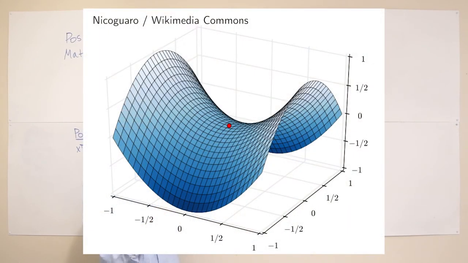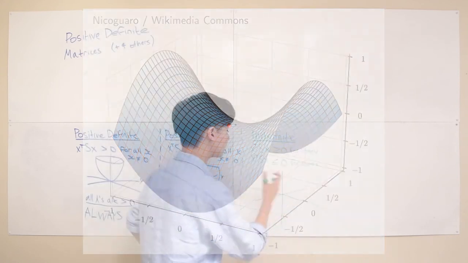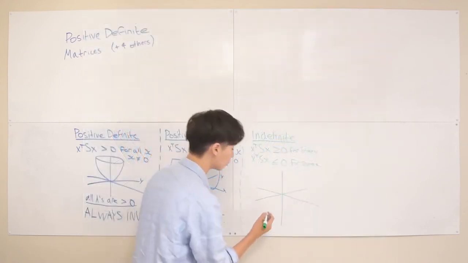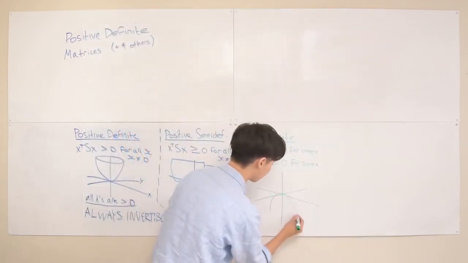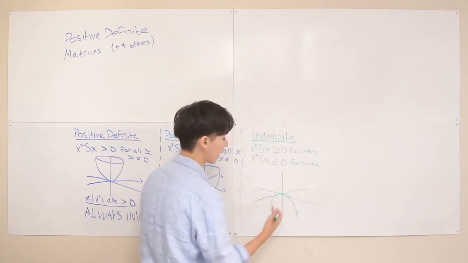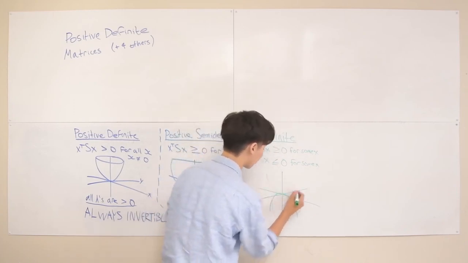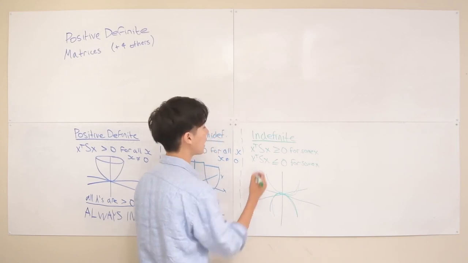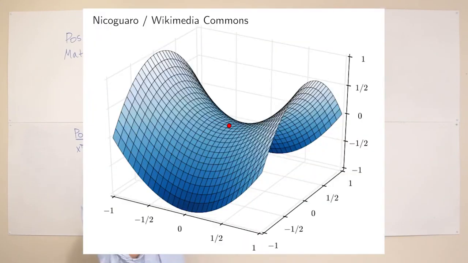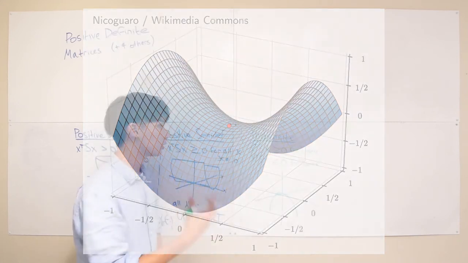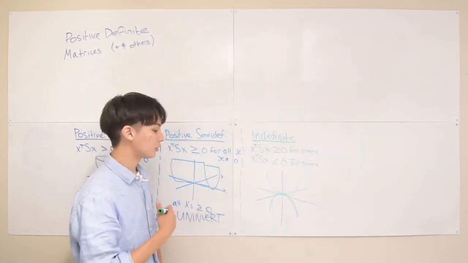That's what a saddle shape looks like. So it's going to be a saddle centered at the origin. Some parts of the saddle are going to be pointing downwards in some axes, and in some axes, you're going to be pointing upwards. So you end up with this saddle shape, this image right in the middle here. So that's what you think about graphically for an indefinite matrix.